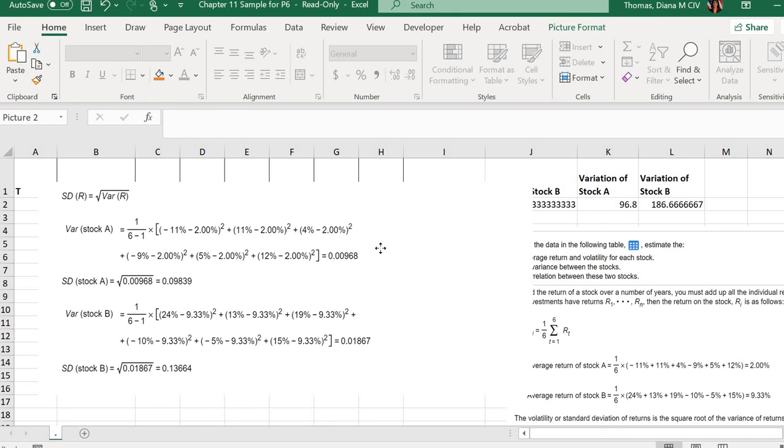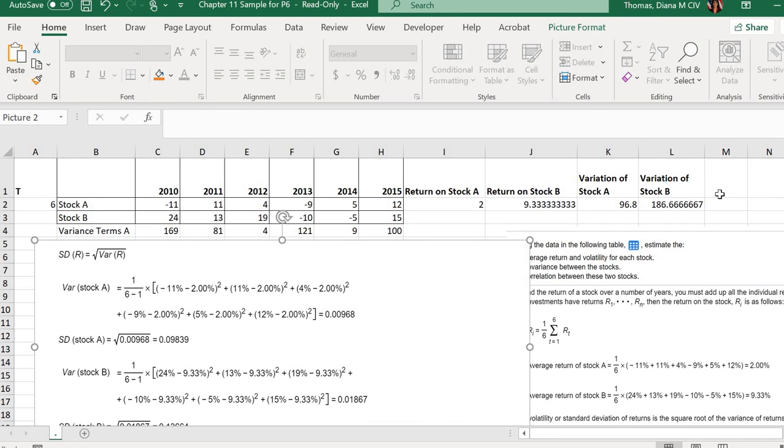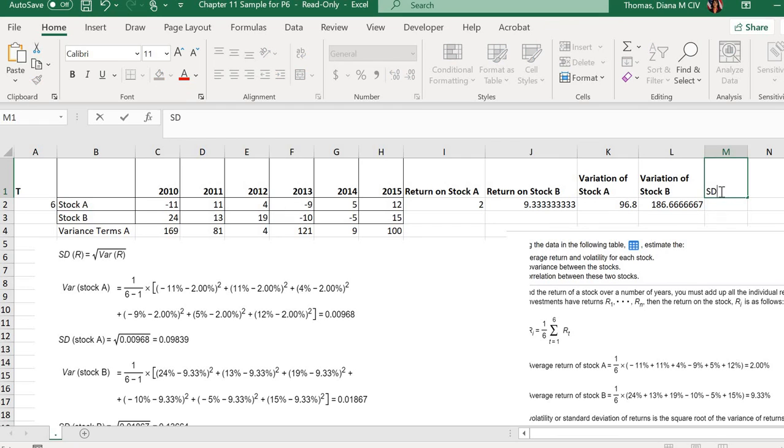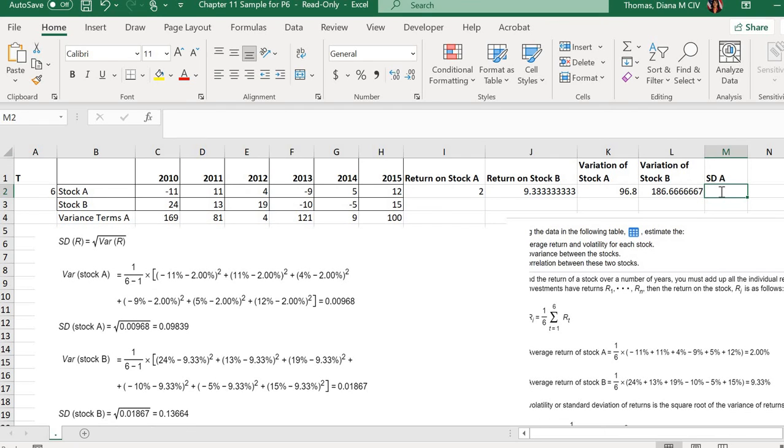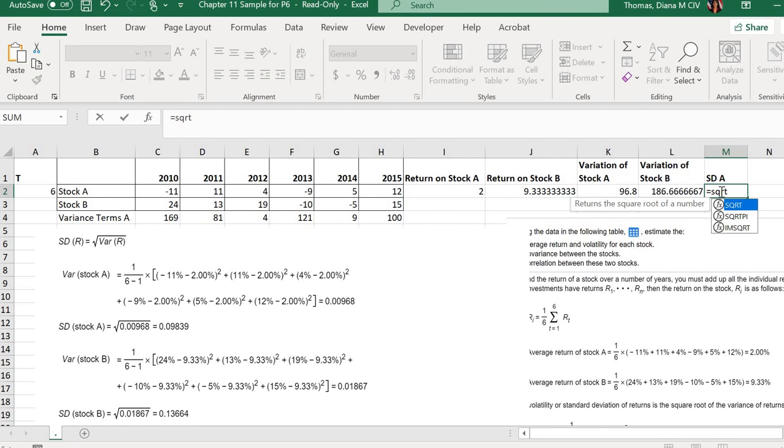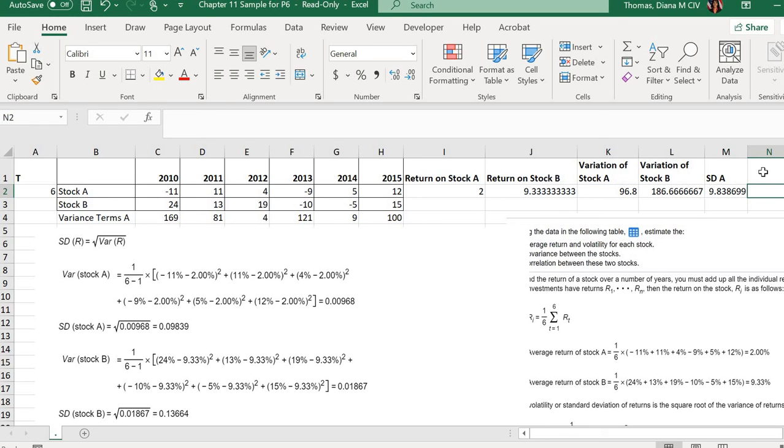The standard deviation is just a square root, so you would go over here and put standard deviation A, and that would be just equals square root of K2. And yeah, I have to divide that by 100, I guess, because it's percentages still.